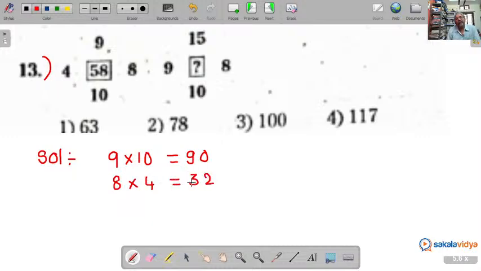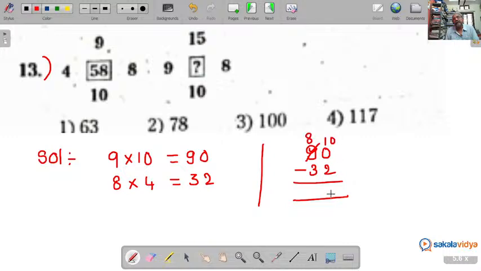If you add, you will get 122, but that is not there. So let us try 90 minus 32. Borrow 10, this will be 8, 10 minus 2 is 8, 8 minus 3 is 5, yes 58, absolutely correct.